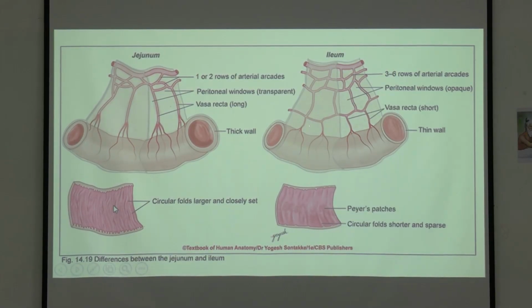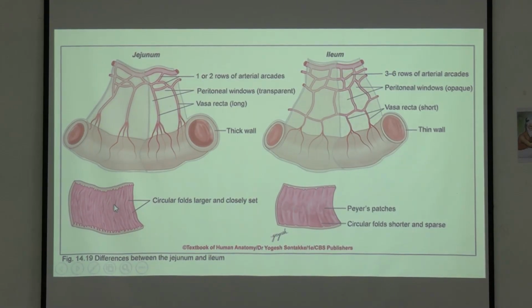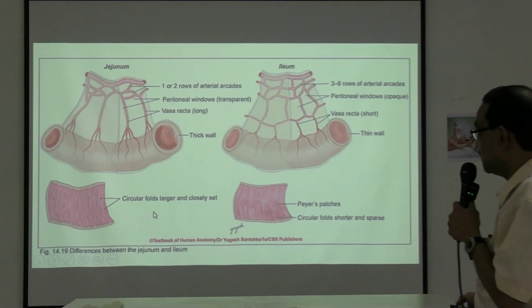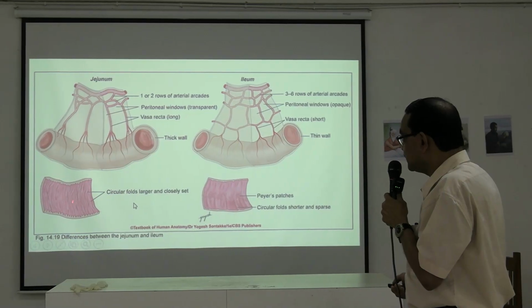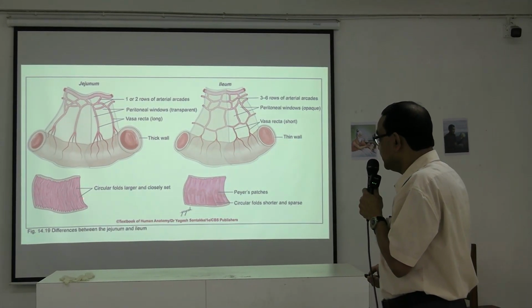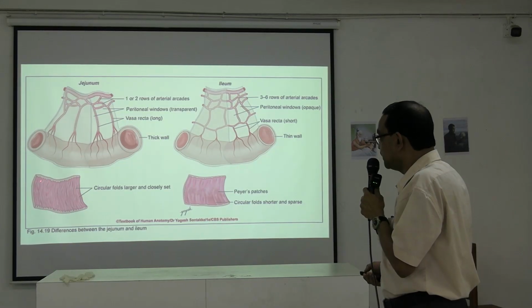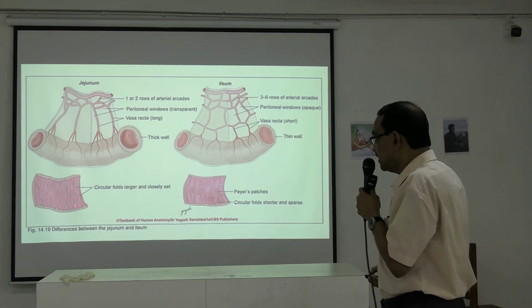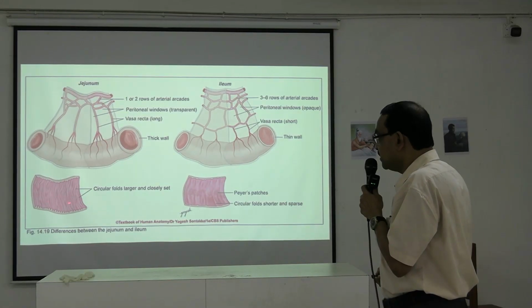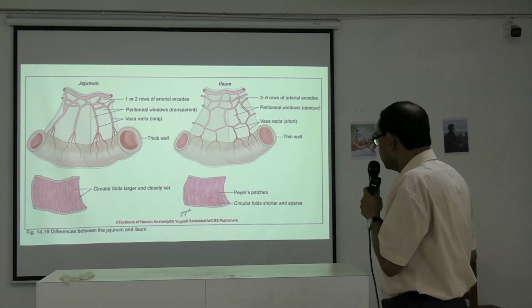Now, here we can see what I try to impress on your mind. Inside the lumen, it is a cut section of the lumen, and inside the lumen we can find there are so many folds.